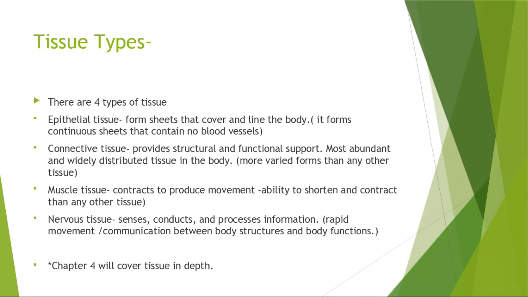Those muscles are going to contract and pull to their body without the proper use of them. That's why we do a lot of passive range of motion on patients that have been in accidents, to keep those muscles and muscle tissue moving and the ability for it to move. And then we have nervous tissue, which senses, conducts, and processes information. It allows rapid movement and communication between the body structures and functions.